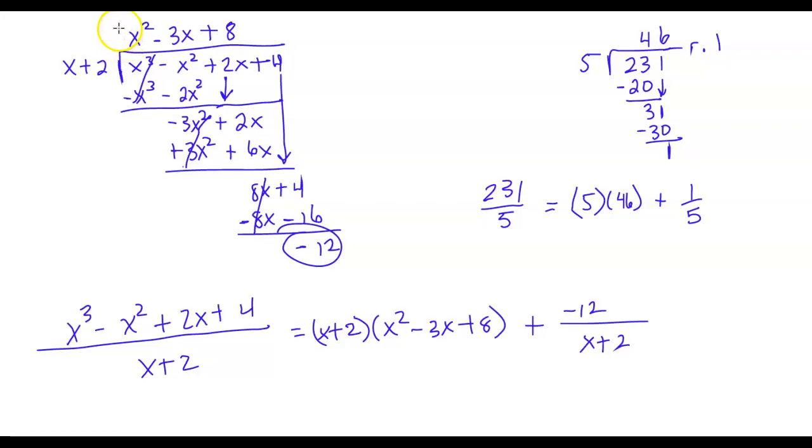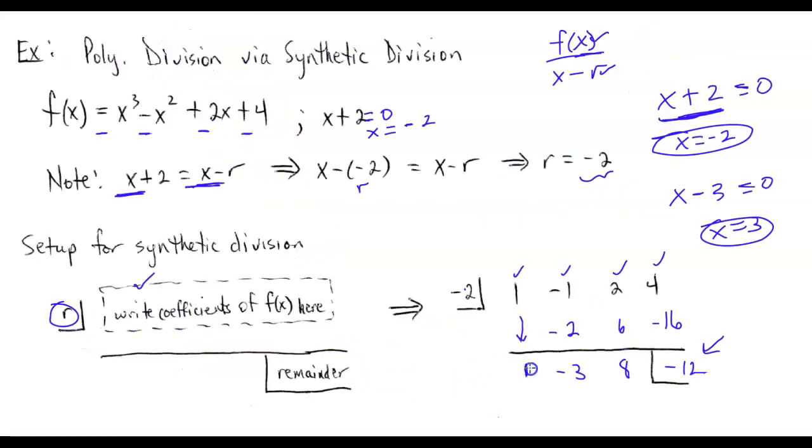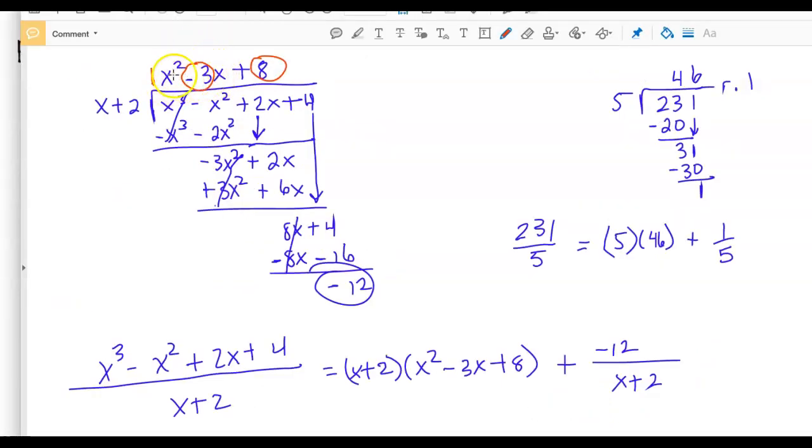Also notice that the understood 1 that is right here, the -3 that's right here, and the +8 that we have there also map back to this 1, this -3, and this +8 here. So what this is showing you is that the 1, -3, and 8 here actually represent our quotient, which would be 1x squared minus 3x plus 8. Okay. So what that's saying there in synthetic division form is the same exact thing that this is saying here.